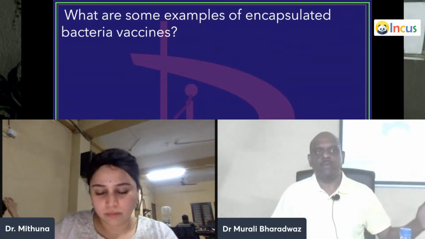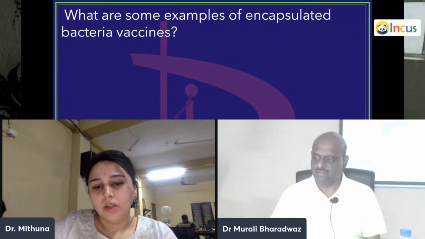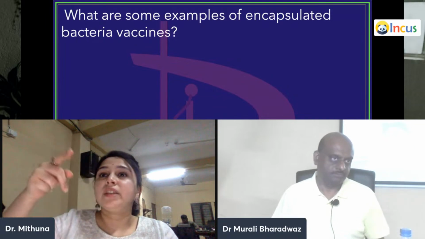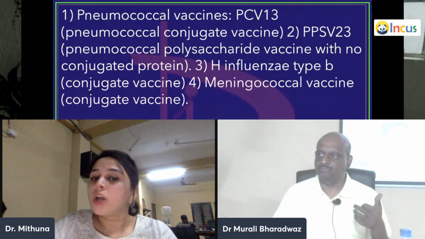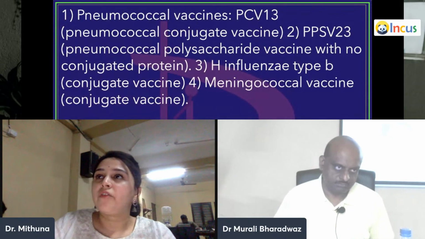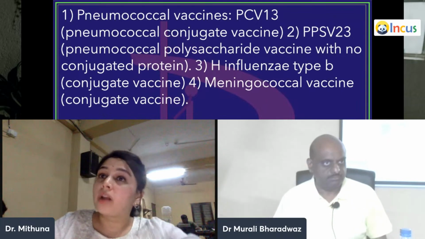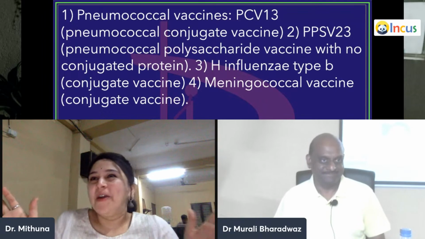Now, what are the examples of encapsulated bacterial vaccines? Pneumococcal vaccine, sir, which is PCV13, the pneumococcal conjugate vaccine. And then you have PPSV23, which is the pneumococcal polysaccharide vaccine. So, bigger name, bigger number.